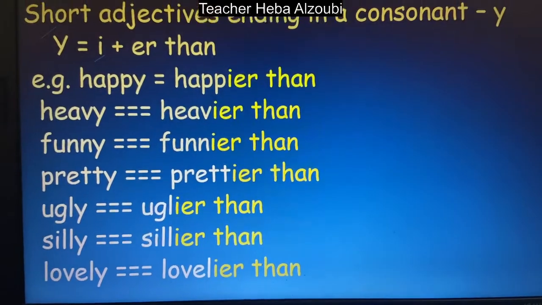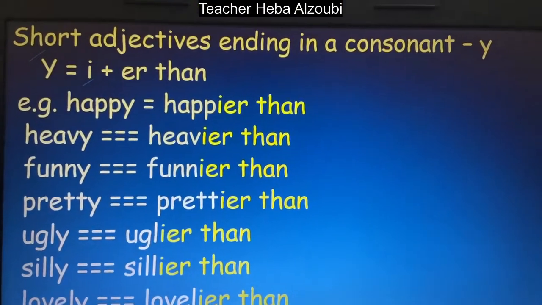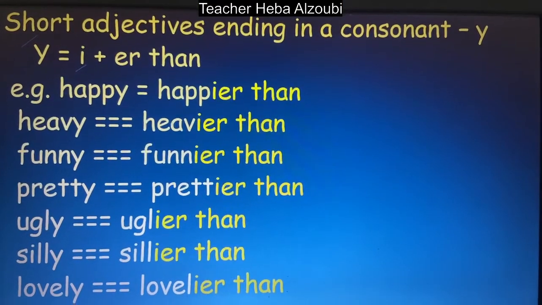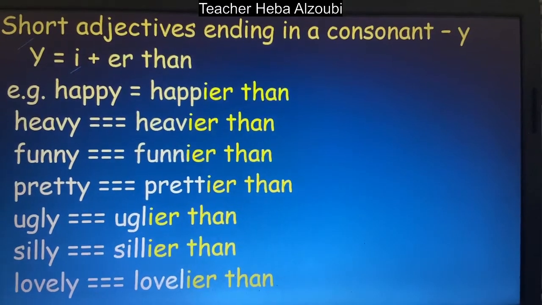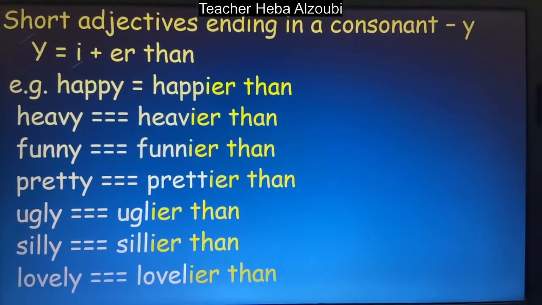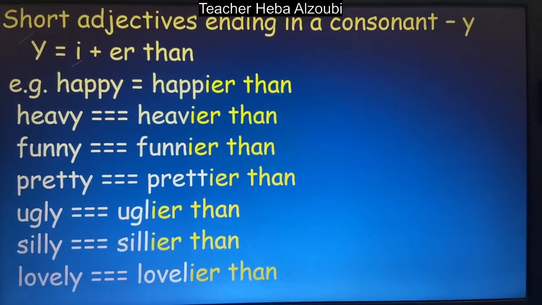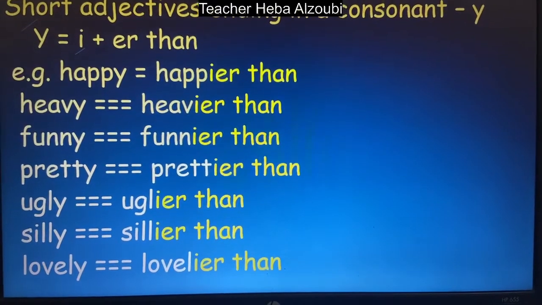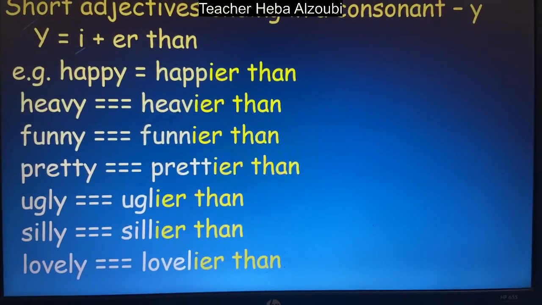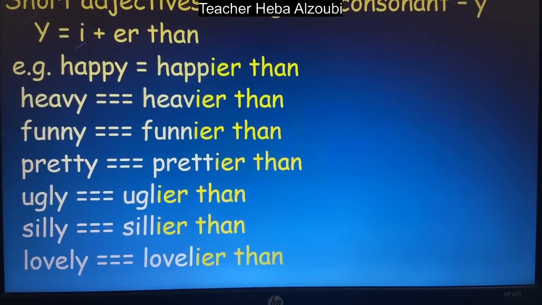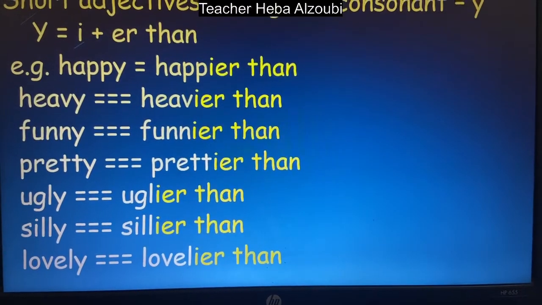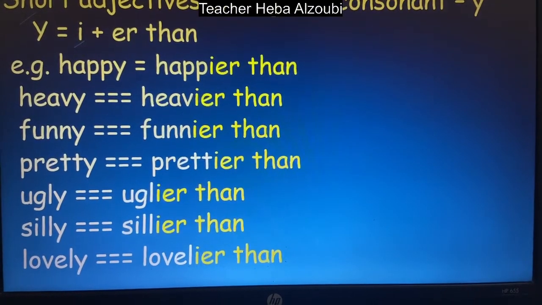Look at these adjectives. So short adjectives ending in a consonant and Y, the Y becomes I, then we add ER. Happy, happier than. Heavy, heavier than. Funny, funnier than.